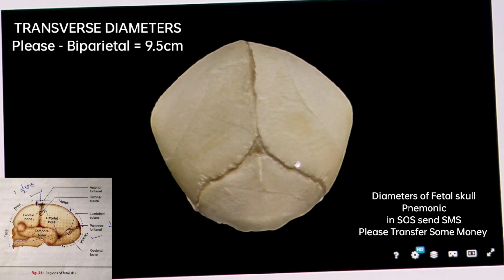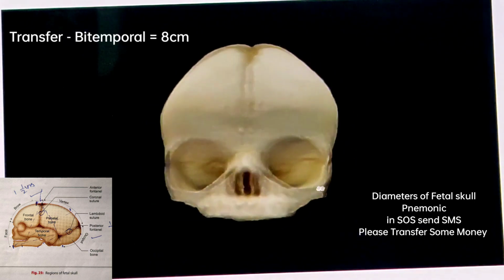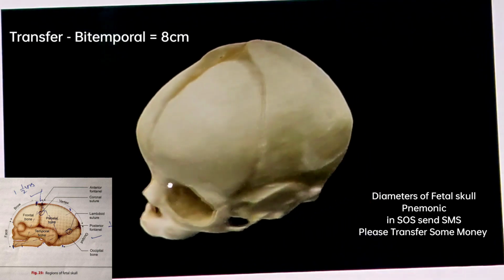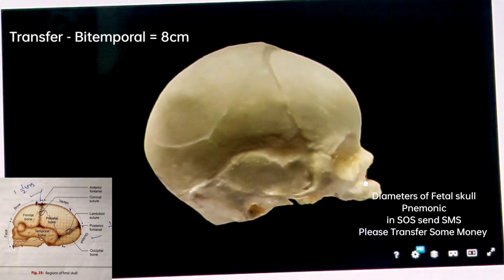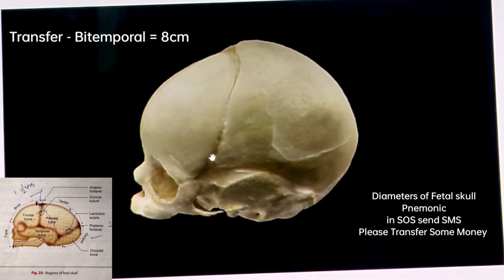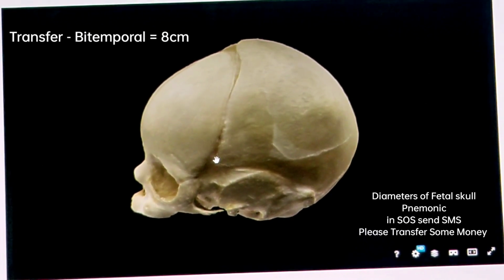Then the bitemporal diameter. The farthest points on the coronal sutures. So these are the coronal sutures. From this point to this point, these are the antero-inferior points on the coronal suture.